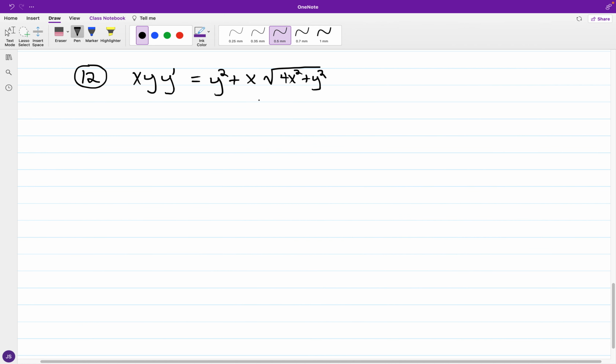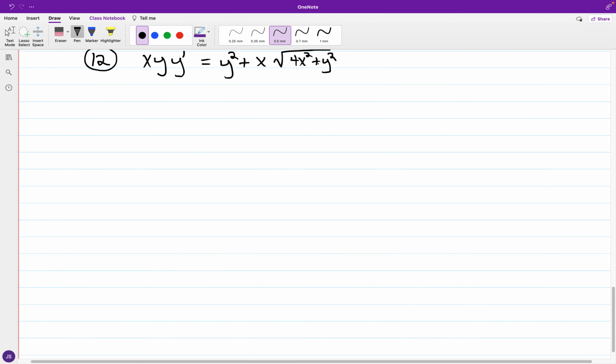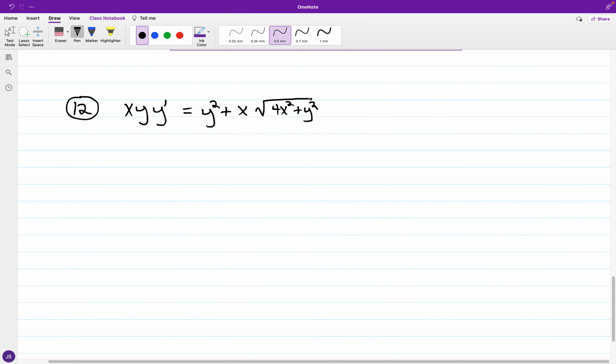Okay, for number 12, we have y prime is equal to y squared plus x times the square root of 4x squared plus y squared.